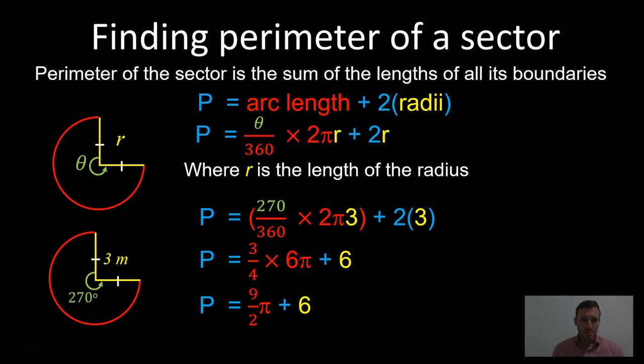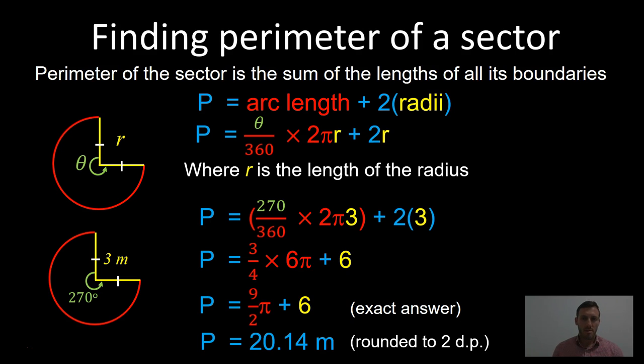That simplifies to 9/2 pi plus 6. Now this is our exact answer. If you ask for an exact answer, you've got to give it in terms of pi. We can't add 9/2 pi to 6, so this is the exact answer. Then we can use our calculator, and we get the perimeter of this sector is 20.14 meters, rounded to 2 decimal places.